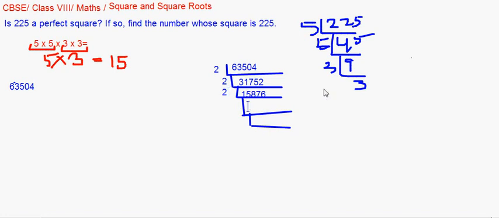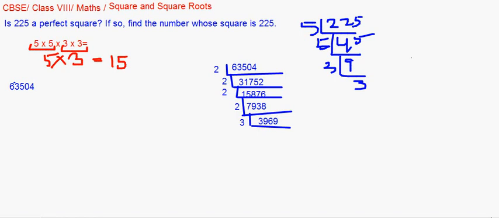If I again divide it by 2, I'm getting 7938, and again that's divisible by 2, thereby giving me 3969. This is not divisible by 2 anymore, but the digit sum is 27, so it's divisible by 3.